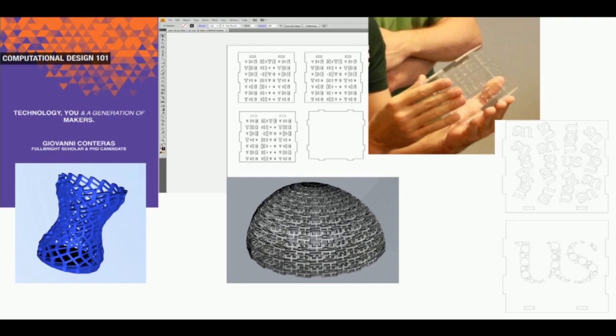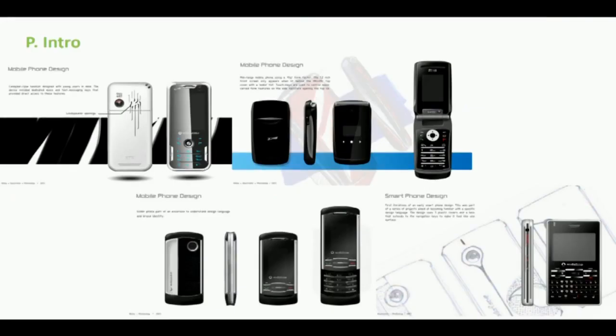I am a product designer by profession, industrial designer, and so I've been interested in computational design and generative design for a while. A big chunk of my career was in designing mobile phones, and so I went from 2006, when we were designing candy bar mobile phones, and then flip phones, which I'm assuming you've seen.